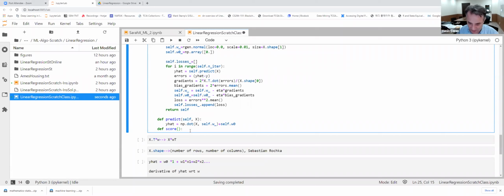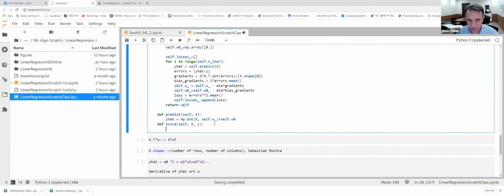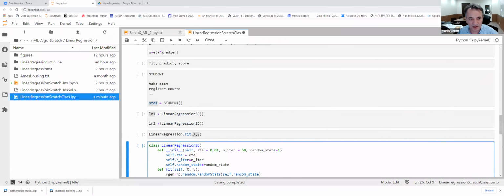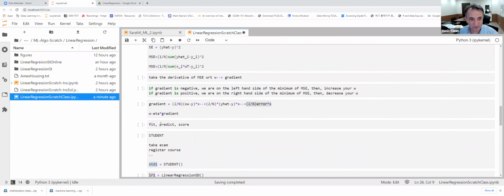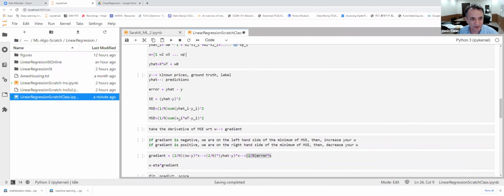First of all, we need self. I need my data set and my true labels. I need these X and Y to test the score. So what are we going to use for score for linear regression? I'll be using R squared. I put it somewhere, I think.